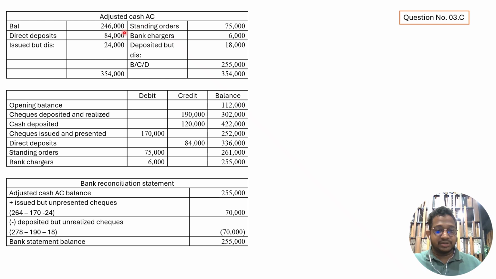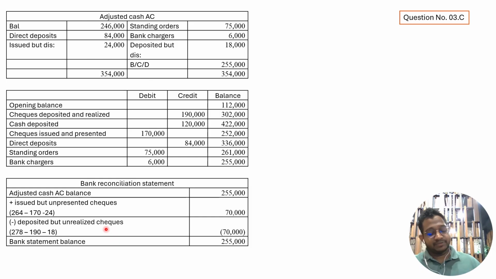So in the adjusted cash account, the opening balance should be the cash account closing balance, 246,000. But in the bank statement, the opening balance should be the opening balance of the cash account, 112,000. And in the bank reconciliation statement, you are finding out the bank statement balance based on the adjusted cash account balance, right? Which means you have to add the unpresented checks and minus the unrealized checks.